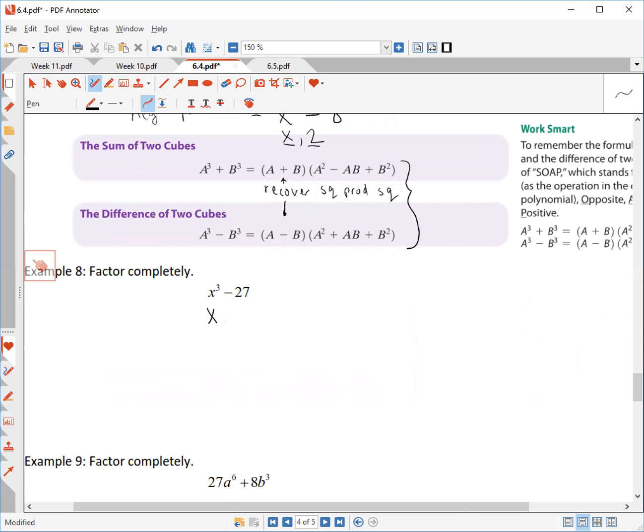It's an x and a 3. I've recovered them. Now we follow this formula. Recover them and put them in as an x minus 3. Then you square the x, take the product of the two terms, 3 and x, and then square the 3.